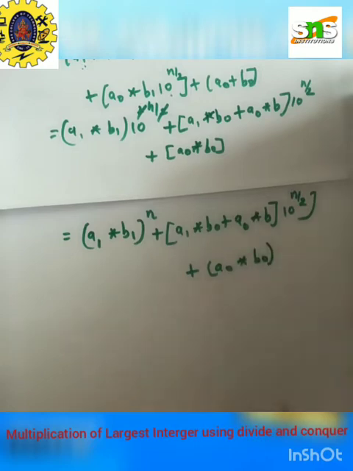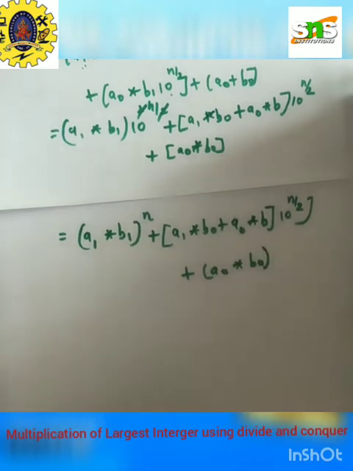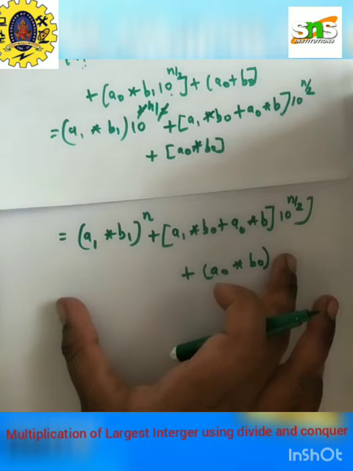This will be the common formula for doing largest integer multiplication.